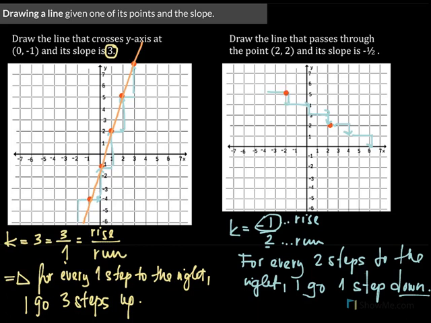And I will highlight the points. What happened here? I went 2, 1. Sorry, I made a mistake here on the other side. So once again, I had to go 1 down. Yes, like this.